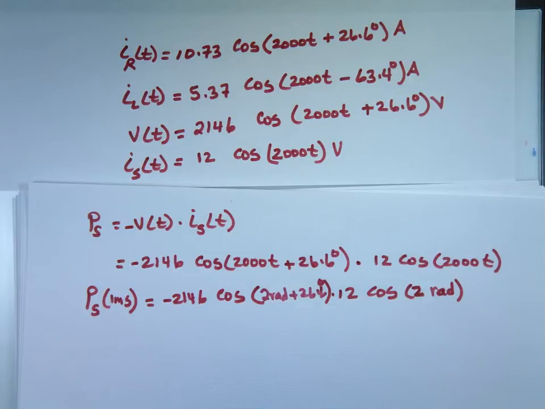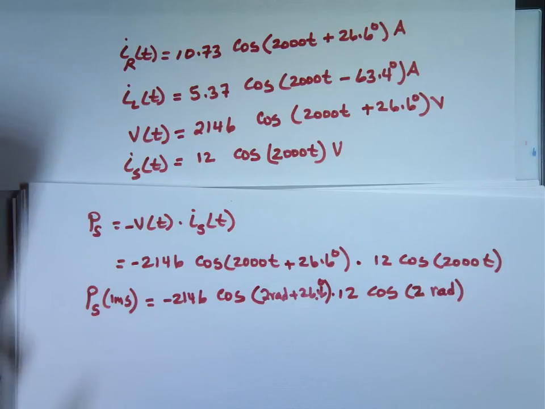So we got to switch one to the other. 26.6 degree. Let's switch it to radian. 26.6 times pi, pi roughly 3.14, divided by 180. Plus the 2. 2.46.